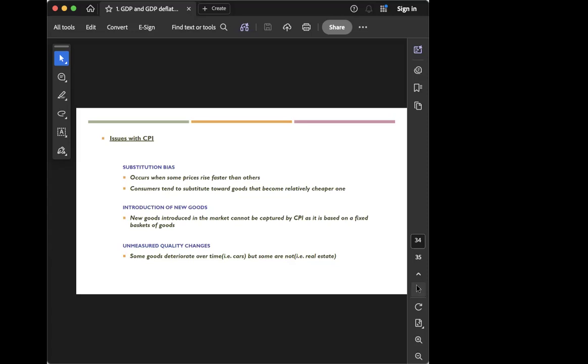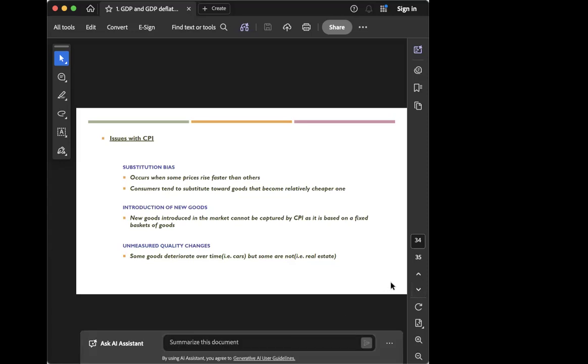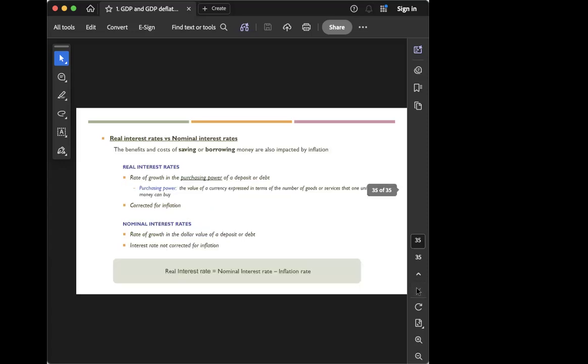So if CPI does not fully adjust for quality improvements, it may overstate inflation as well. So CPI is very useful, but it is not perfect. Those are the three major issues with CPI.